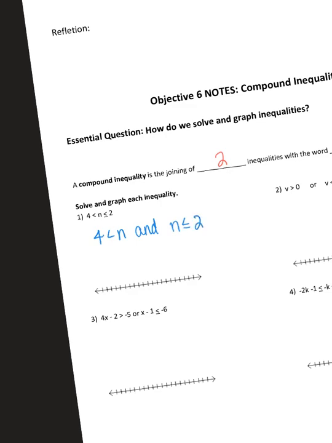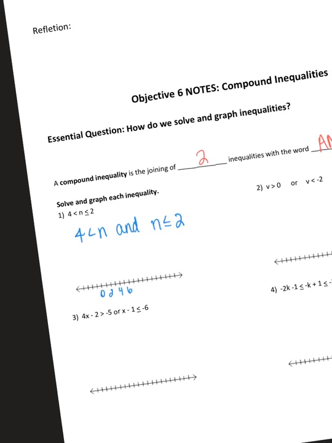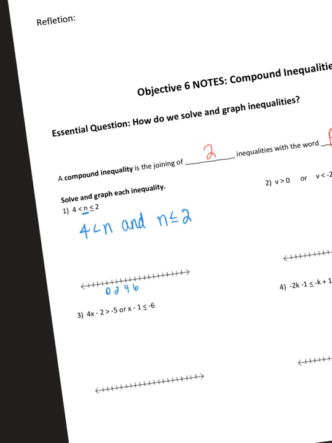Okay. So I'm going to go ahead and label our graph here. So 0, 2, 4, 6. And this inequality says that n is greater than 4 and less than or equal to 2.